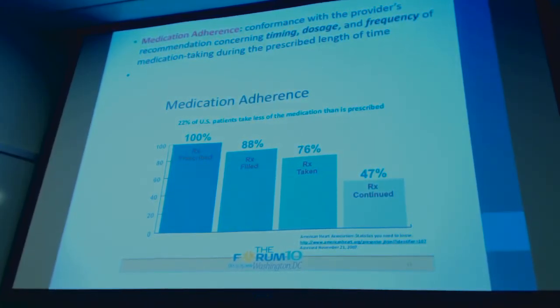You paid for it, you're not going to take it. Half of you about are going to continue taking the full prescription. About 25% of people take meds exactly as prescribed.